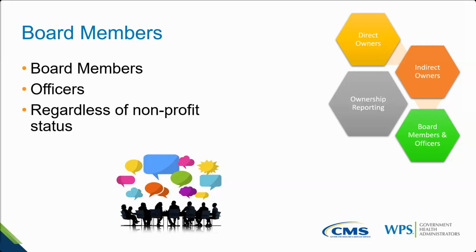The other question that we often get is about nonprofit, non-staff, non-paid board members. Regardless of that nonprofit status, regardless of whether those board memberships are paid spots, they do need to be reported because, again, we're looking at who has control, who can make decisions about the Medicare funds they're receiving.